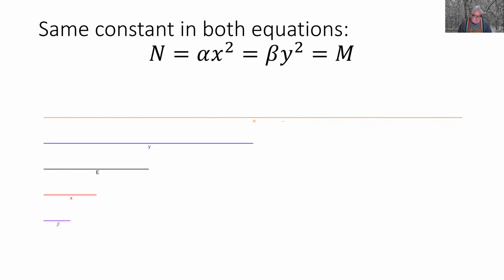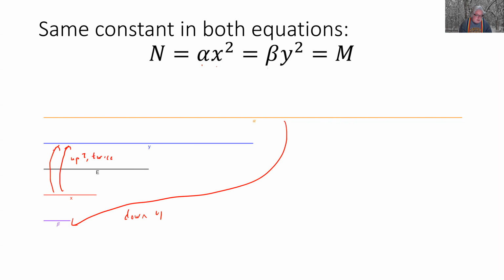Well, if we take alpha and go down 4, that takes alpha to beta. We take X and we go up 2 twice, once for each of the two X's, we get Y squared. So alpha X squared is equal to beta Y squared. So the constants N and M are the same.